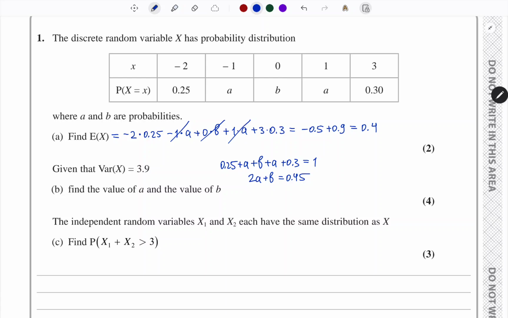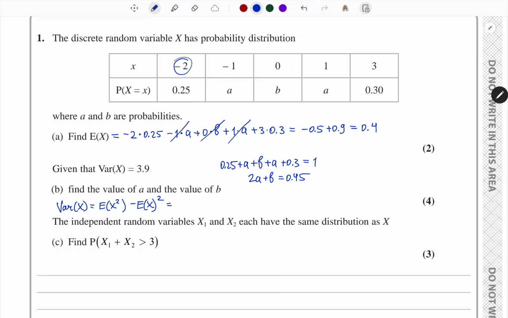Then we can use the fact that the variance is 3.9. So the variance of x, I know, is the expected value of x squared minus the expected value of x, everything squared. So what is the expected value of x squared? All the values of the random variable must be squared, and then each value must be multiplied by the corresponding probability and then summed up.